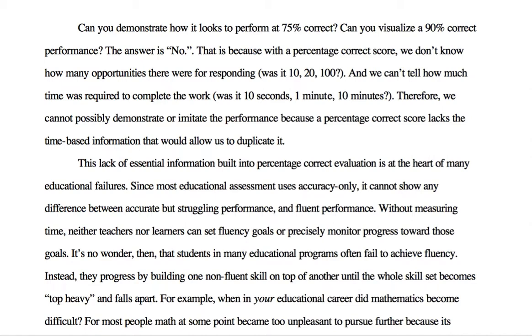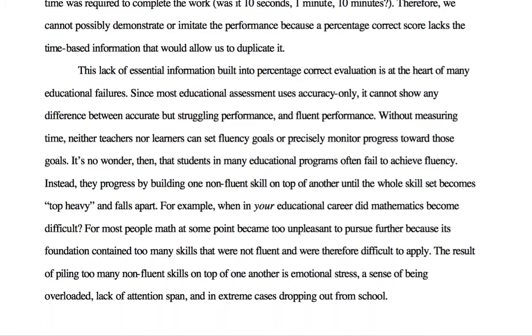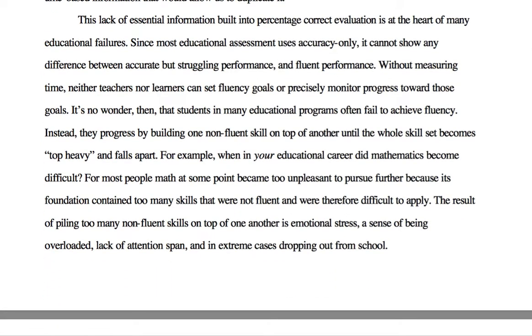Therefore, we cannot possibly demonstrate or imitate the performance because a percentage correct score lacks the time-based information that would allow us to duplicate it. This lack of essential information built into percentage correct evaluation is at the heart of many educational failures.